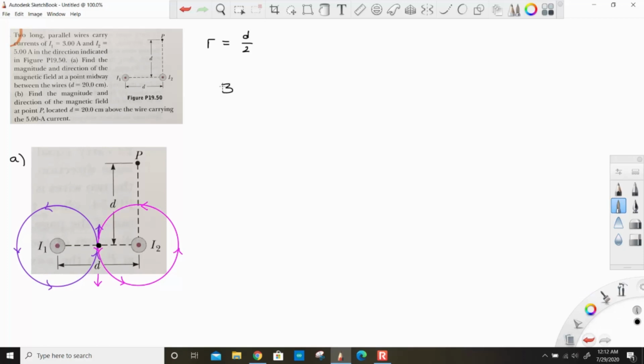The magnetic field due to wire 1 is given as mu naught I over 2 pi times the distance away, which we know to be d over 2. That is the current 1. The magnetic field due to current 1 should of course contain current 1.